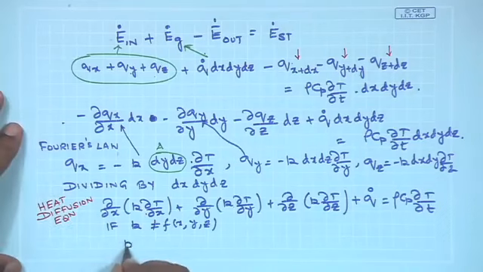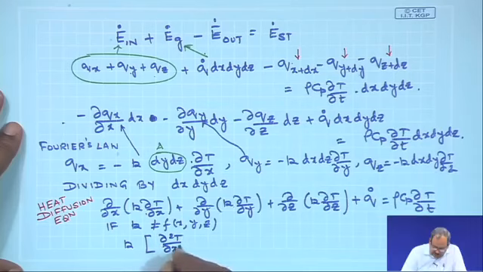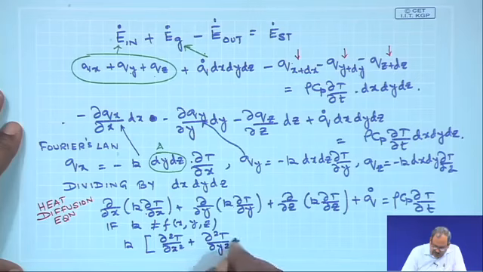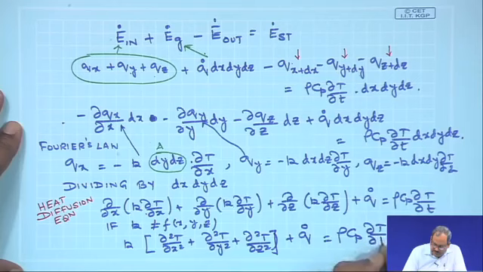Therefore, the k can be taken out of the differentiation sign, and what we get is the most common form of heat diffusion equation, which would simply be k times del 2 T del x square plus del 2 T del y square plus del 2 T del z square plus q dot is rho Cp del temperature by del time.